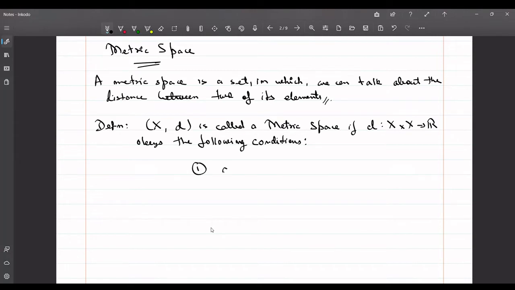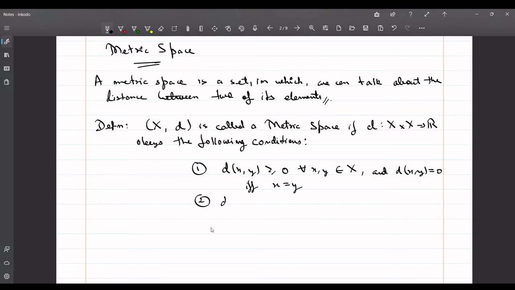Point number 1, D of xy is greater than or equal to 0 for all x, y belonging to the set X, and D of xy equals 0 if and only if x equals y.